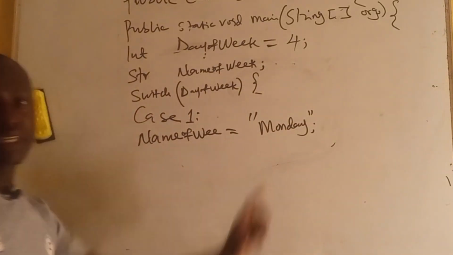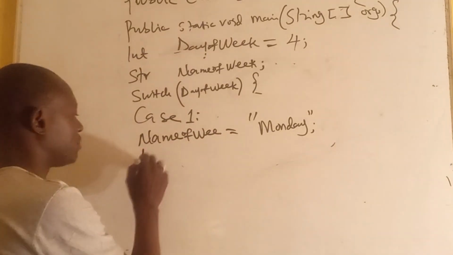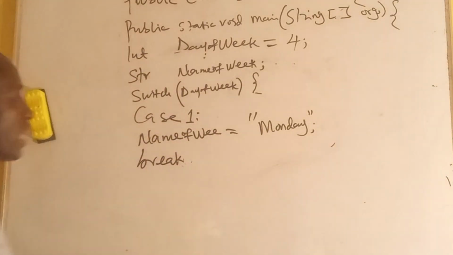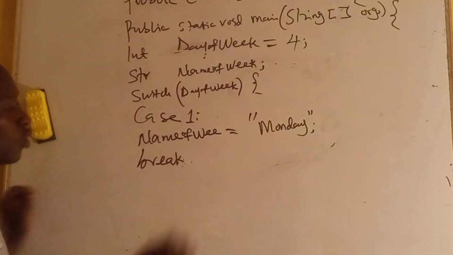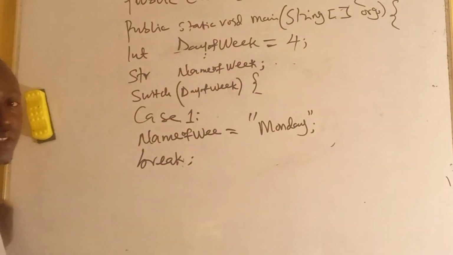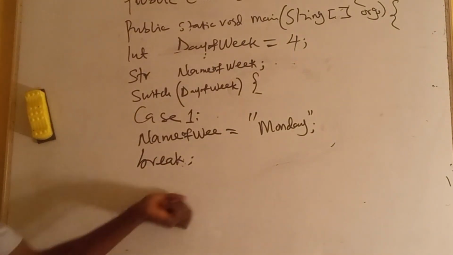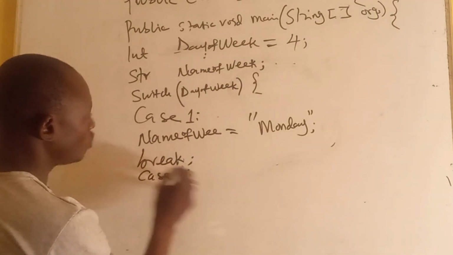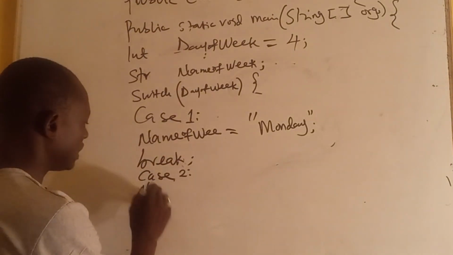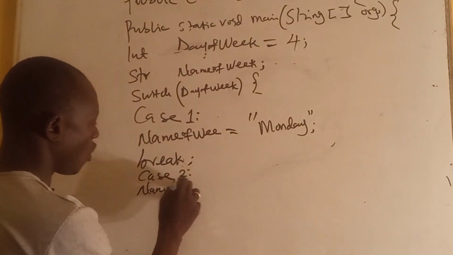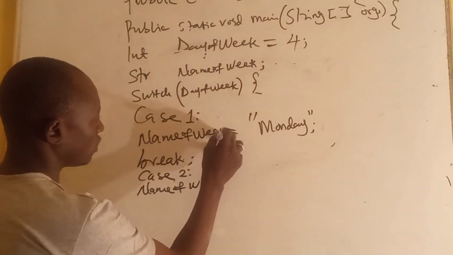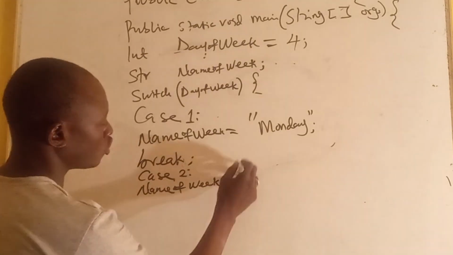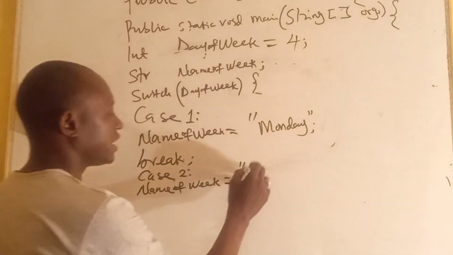So you end this statement here. You now use break, that means you are going to take another case. Your break also ends a statement. So you are going to use another case, say case 2. Case 2, you have name of week, this concatenated, please, is equal to Monday, then Tuesday.